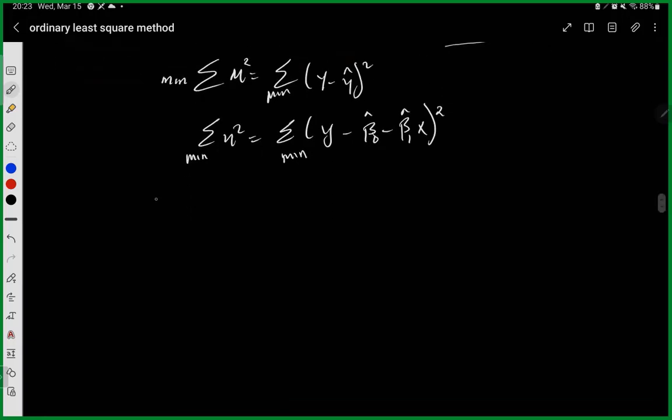So what we usually do here is partially differentiate the sum of error squares.